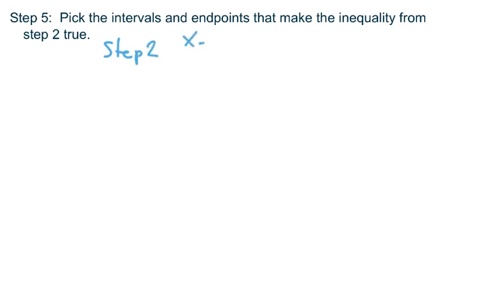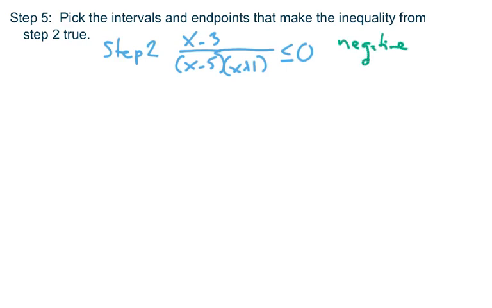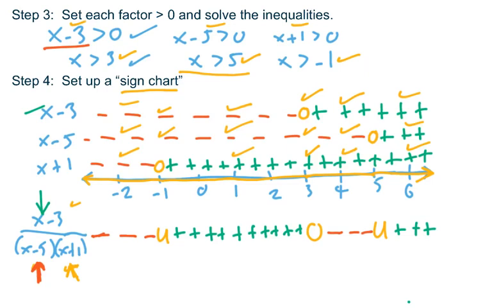We had this inequality at that point: x minus 3 over x minus 5 times x plus 1, less than or equal to 0. Less than 0 means negative, or equal to 0.